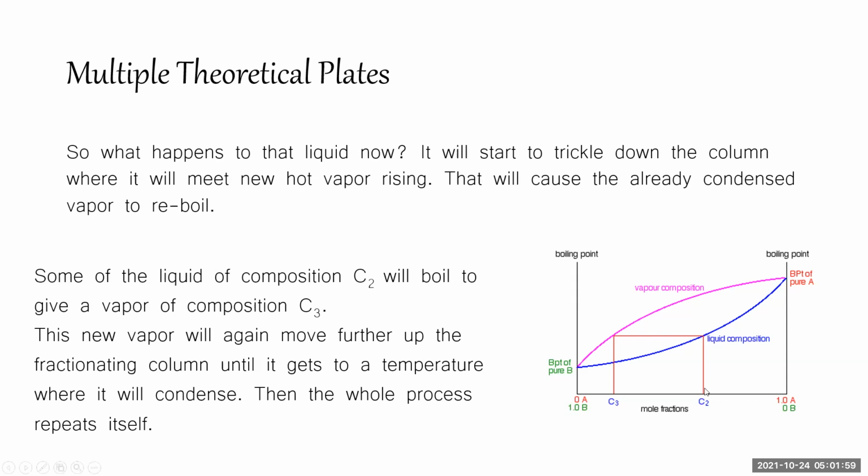So the idea would be if we take a composition C2, and we heat it up, and we collect the vapor that we condense, and it has composition C3, then that is removed from the original mixture. Now the new mixture is not the same as C2 because we've removed some liquid with composition C3, which is more enriched in the lower boiling component B, or cyclohexane.